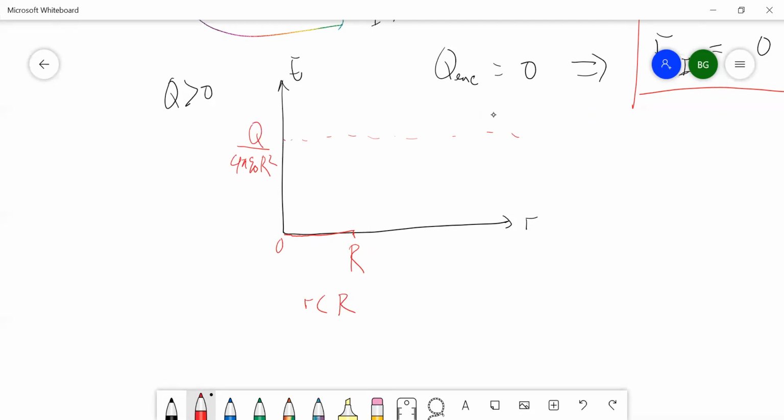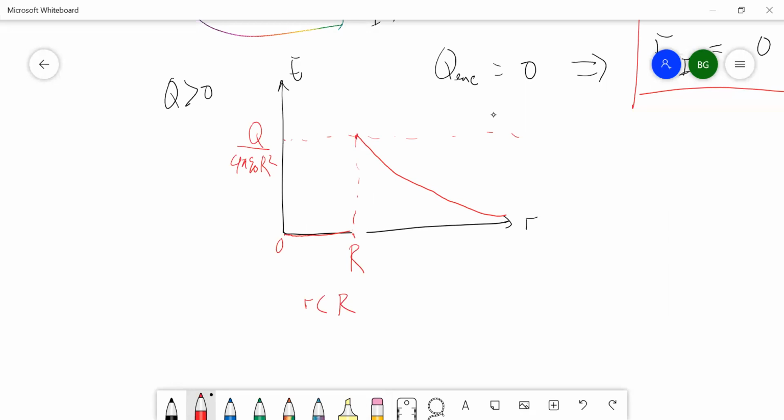So exactly at the point where little r equals capital R, only this one. Something like that.